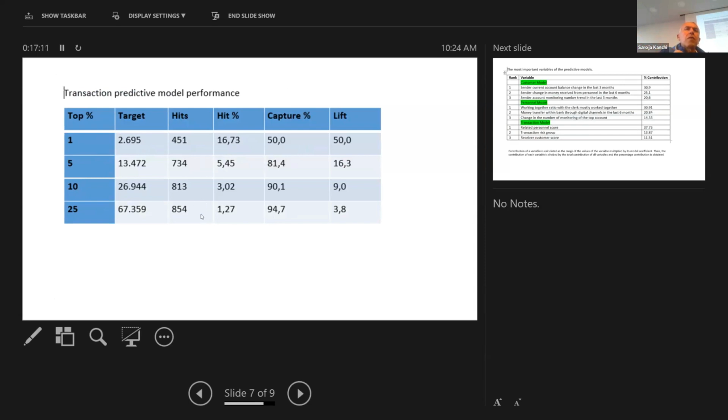In this case, we have a total of 861 transactions, because since we had more than 2,000 examples, we were able to separate training set and test set. So this result is obtained on the test set.